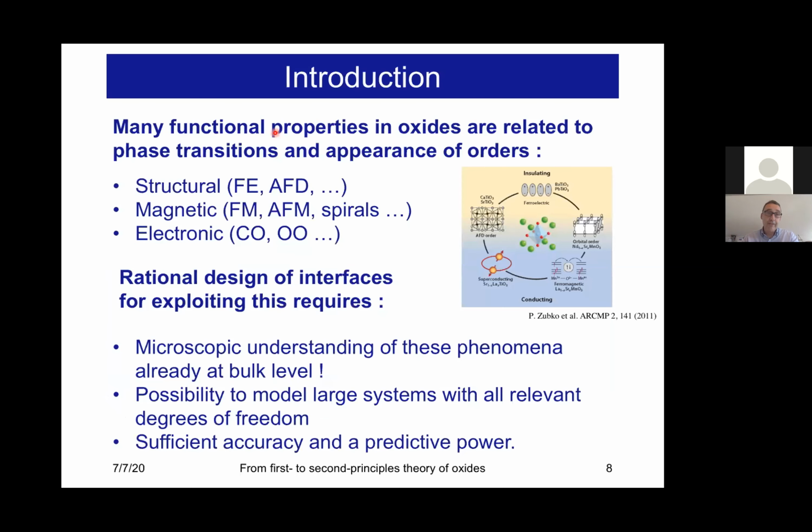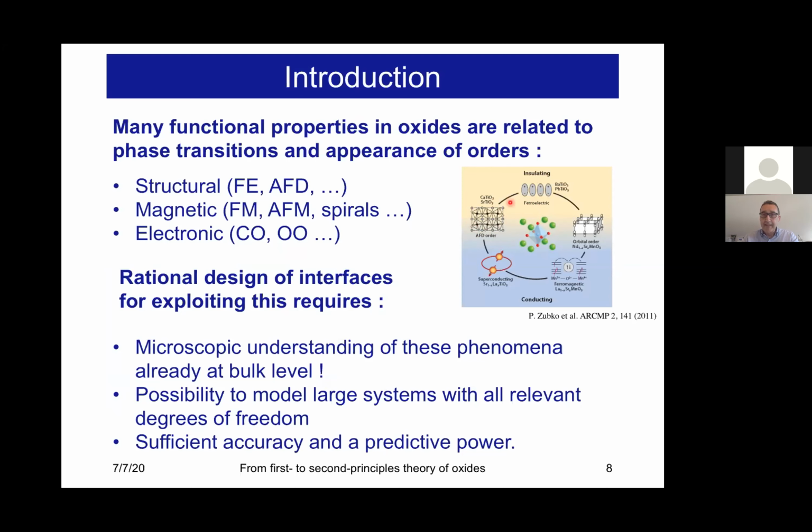And we have to realize that in the functional oxides, many of the properties are related to phase transitions and the appearance of distinct orders. So you can have in these materials some ferroelectric orders, like in barium titanate or lead titanate. You can have antiferrodistortive orders, related to the rotation of the oxygen cages.